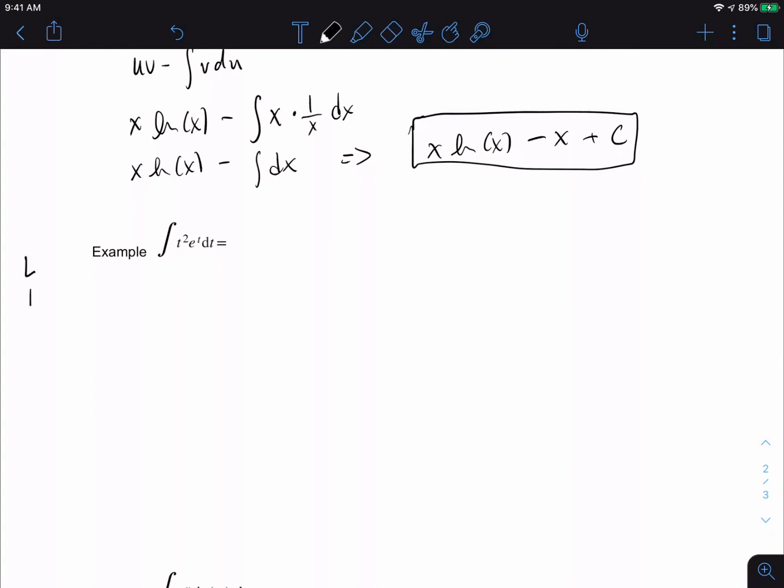Again, what is this going to be? What should be my u?